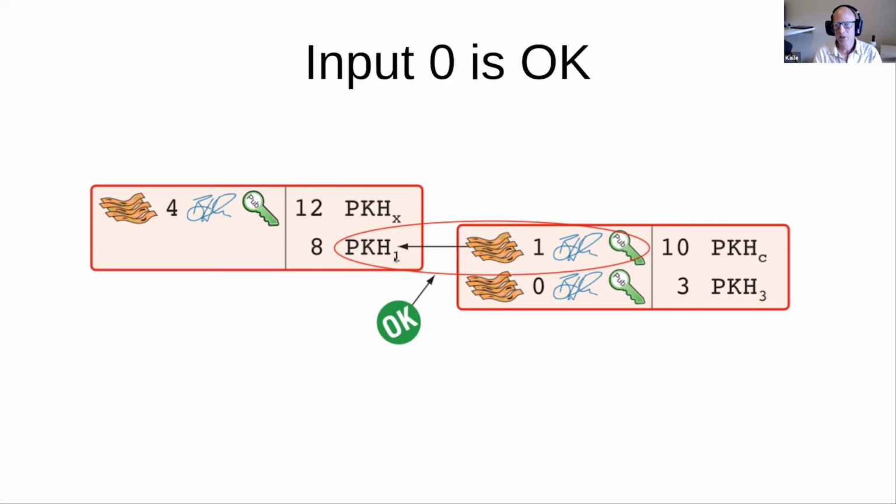Lisa actually doesn't care what this program is here. She just runs the program, and this particular program checks that this public key matches this public key hash, and this signature is valid for this message and this public key.